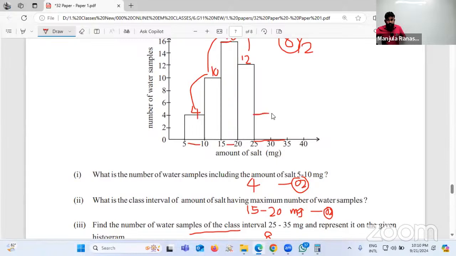So now write 25 to 35, height 4, and take it down. If you draw 8, that is incorrect, because the class size is twice, so the frequency is divided by 2 to get the height.